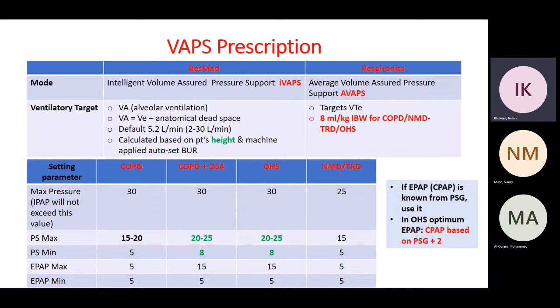Okay, but again, when you write the prescription, it's not the IPAP minimum or IPAP maximum. It is the pressure support. And then it's up to the machine to decide how much pressure support it needs to apply in order to achieve the target, which is the tidal volume in case of Philips Respironics.